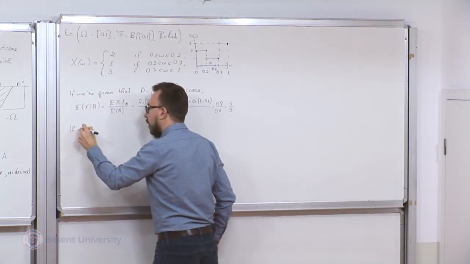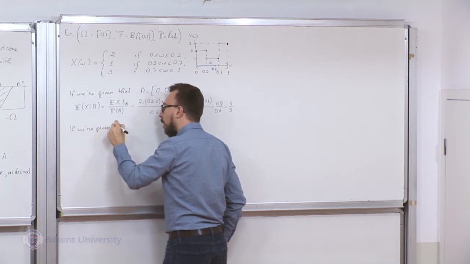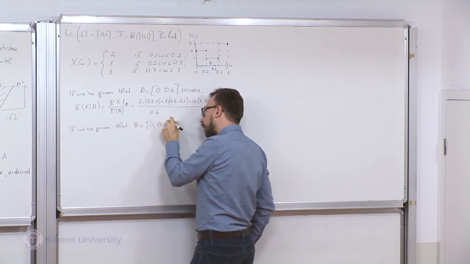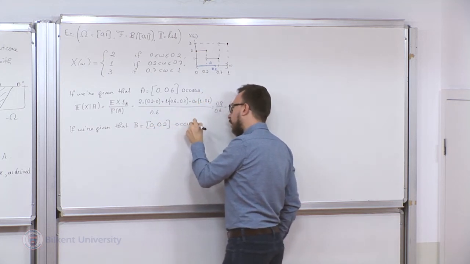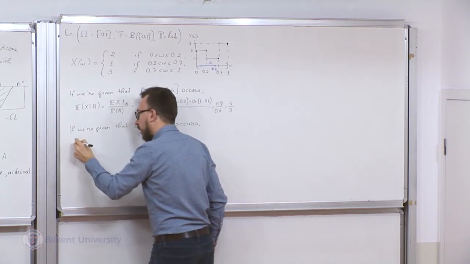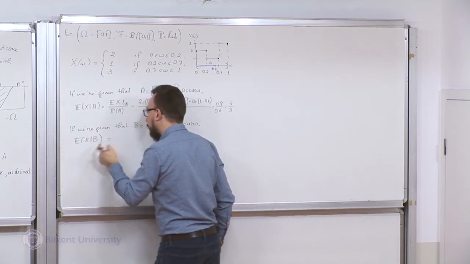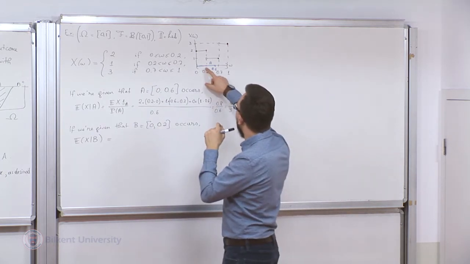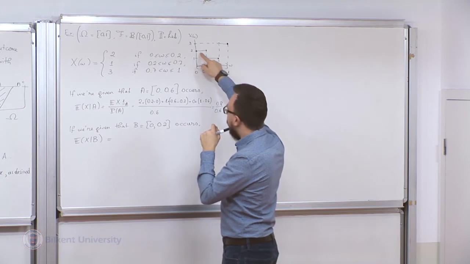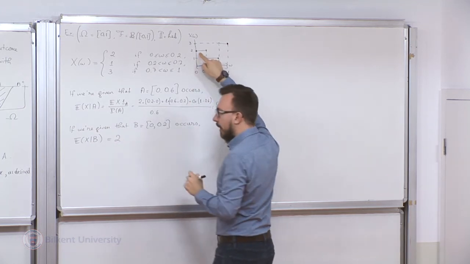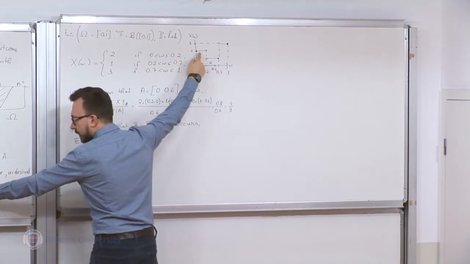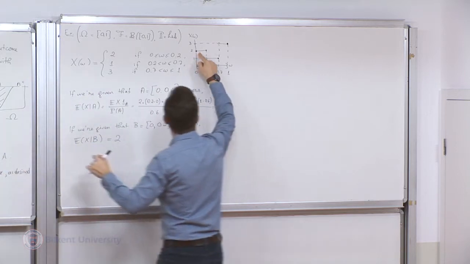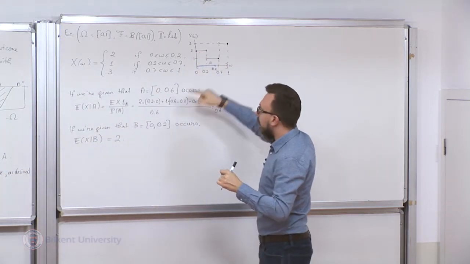If we're given that B, 0 to 0.2, occurs, then the conditional expectation under B would be what? So this is 0 to 0.2, on which x can only take the value 2, so this should just be 2. This is a special case of this calculation, right? x takes a constant value on the set A, x takes a constant value 2 on the set B. Okay?